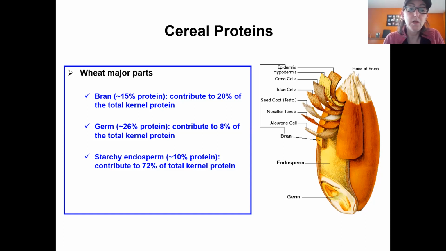The germ has 26% protein, which contributes about 8% of the total kernel protein, but the most protein is in the endosperm, which is a starchy component, but it does have about 10% protein, and that amount represents about 72% of the total kernel protein.